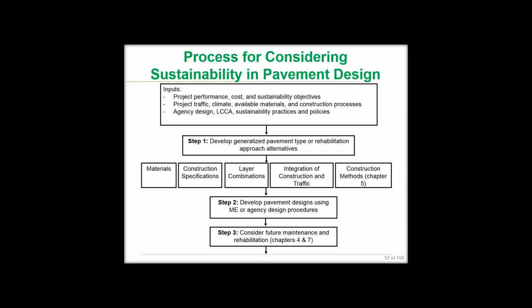From that, we can develop generalized pavement type or rehabilitation approach alternatives, considering a number of alternatives with different materials, different specifications, layer combinations, etc. The next step is to complete those pavement designs using the agency's design procedures, and then figure out what the life cycle will be based on each of those pavement designs in terms of future maintenance and rehabilitation.